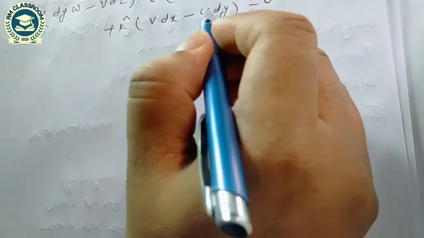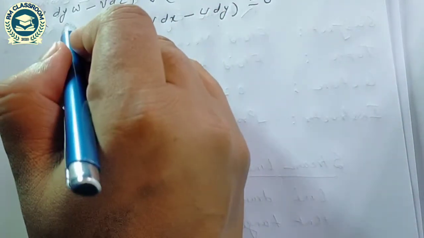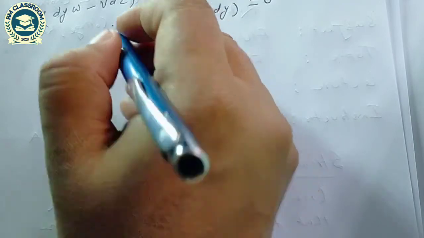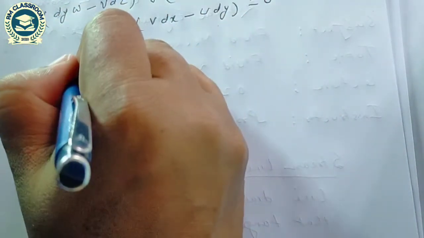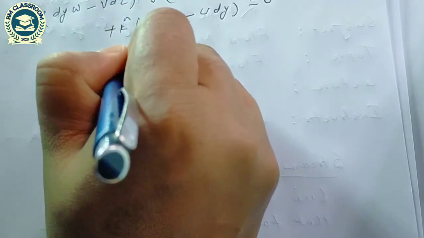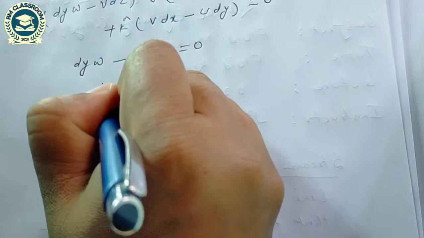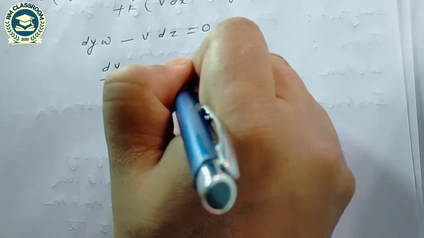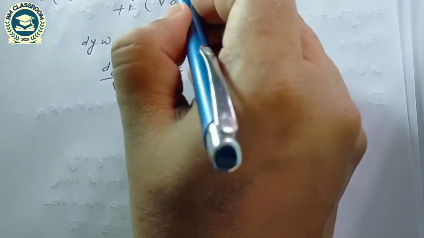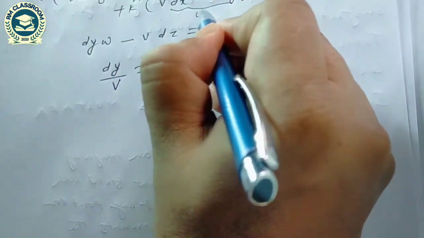For all of this to be 0, every component should be 0. So if I take the i component 0, then dy w minus v dz is equal to 0, so dy by v is equal to dz by w. Similarly, this component should be 0, and this component should be 0.